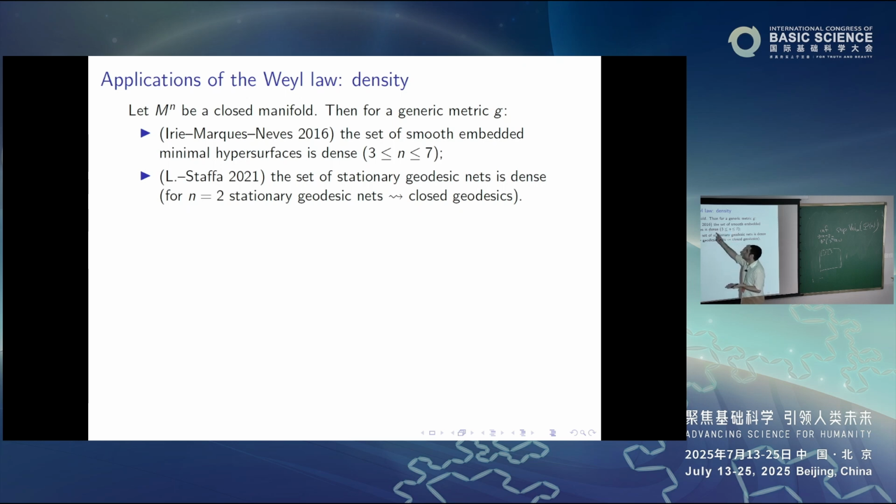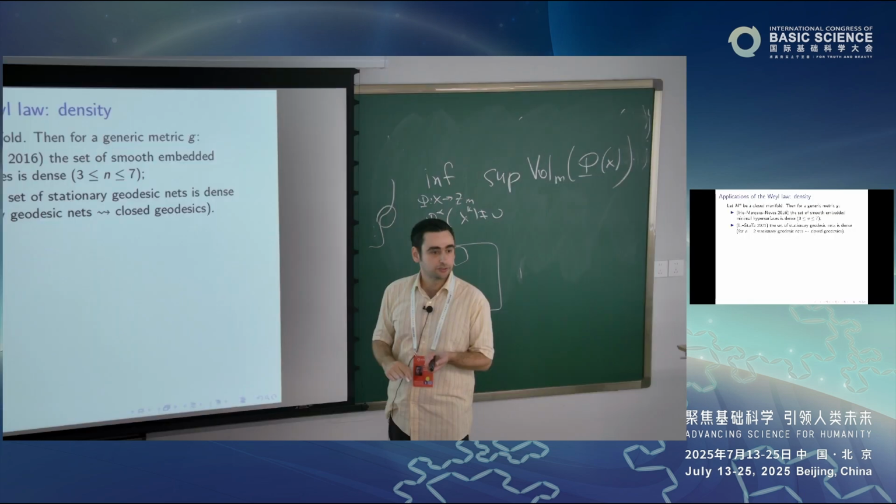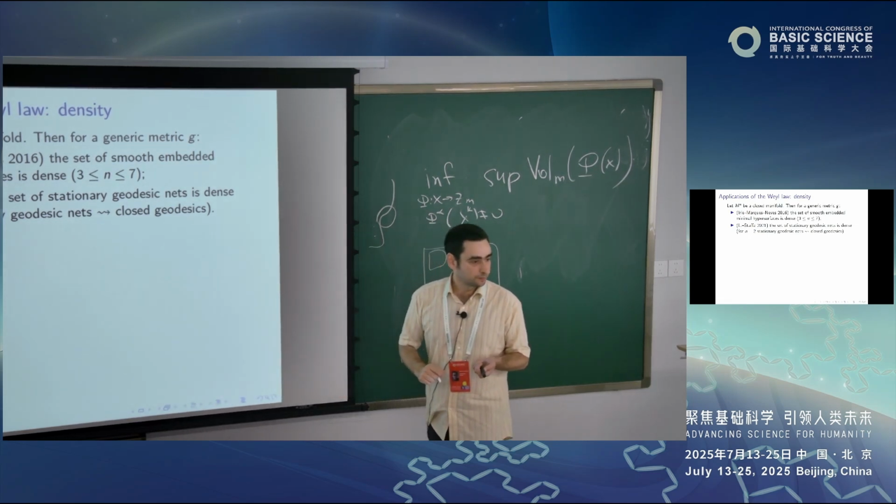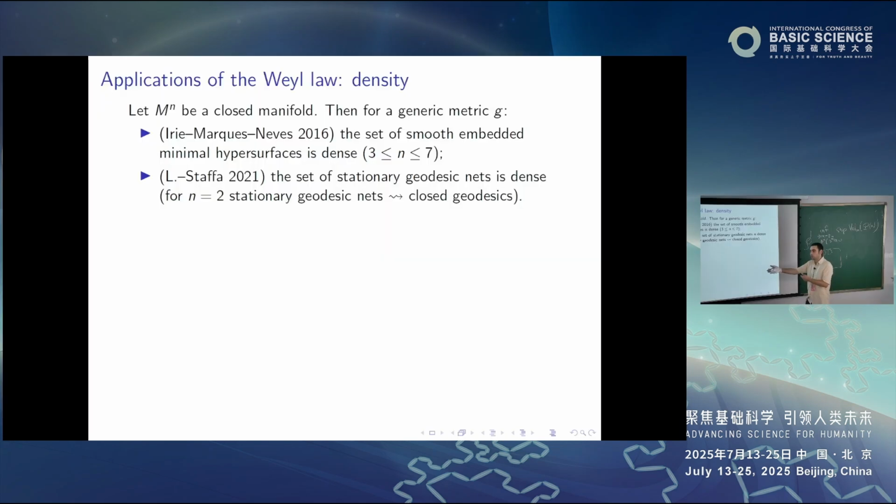For a generic metric, you know that for any open set, there will be some minimal hypersurface, or some stationary geodesic net, that passes through. So you can go from the Weyl law to the result that for a generic set of metrics in the Baire sense, for C infinity or Ck, the set of smooth embedded minimal hypersurfaces in dimensions between 3 and 7 is dense in your manifold.